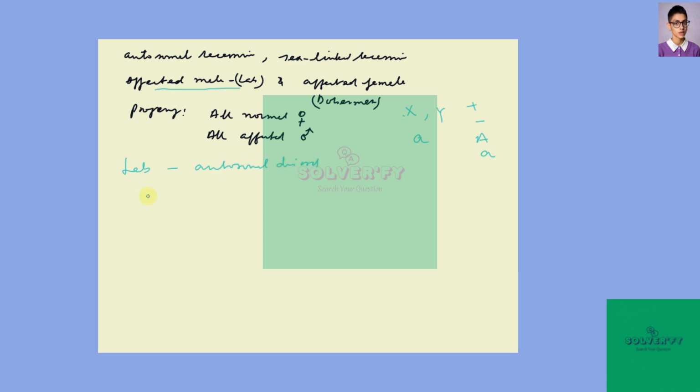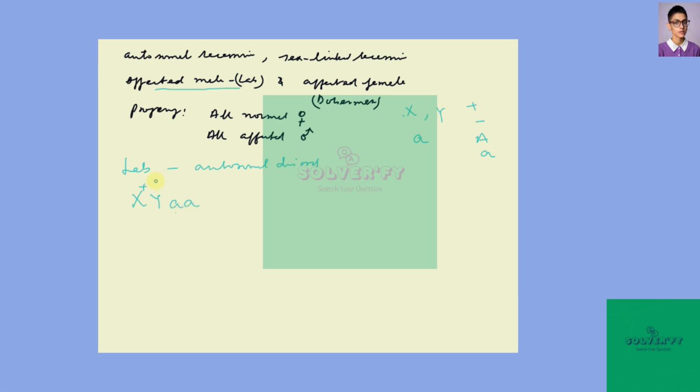So in that case, sex chromosomes will be normal and the autosomes will be affected, where lowercase a shows the dog has an affected autosome.